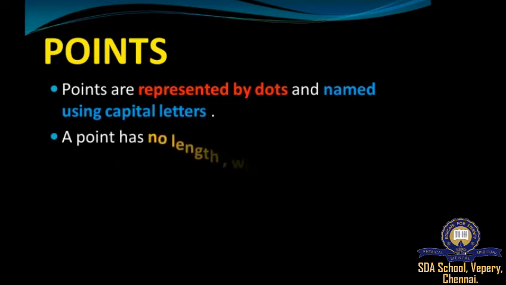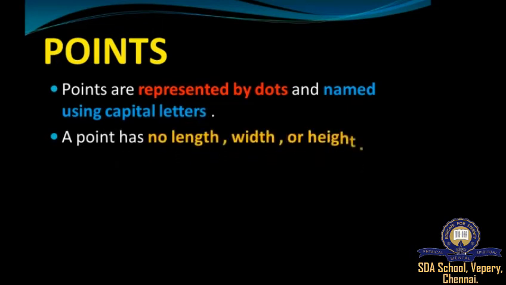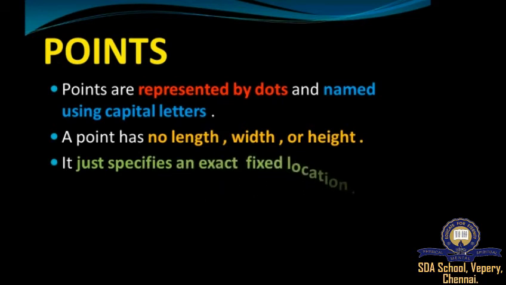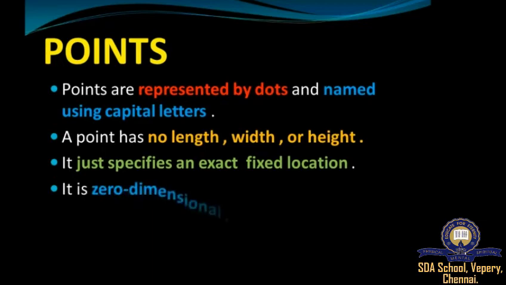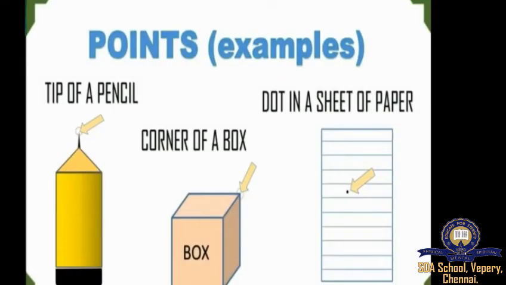A point has no length, width or height and just specifies an exact fixed location. A point is 0-dimensional. The examples of points are the tip of a pencil, the corner of a box and a dot on a sheet of paper.